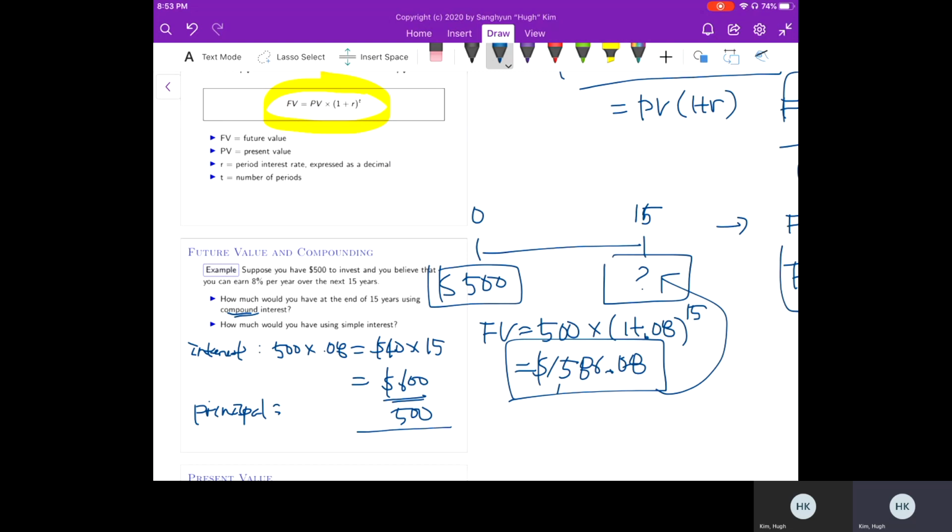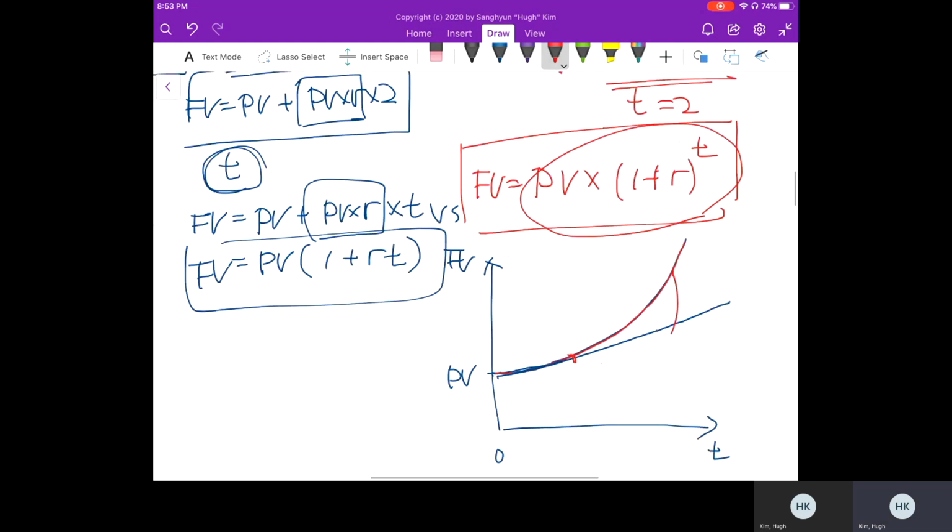So in total, you would have $1,100. So that's a pretty big difference compared to $1,500.86 using compound interest. So that is the power of compounding that we just talked about. So this is why you want to start saving money when you're younger.